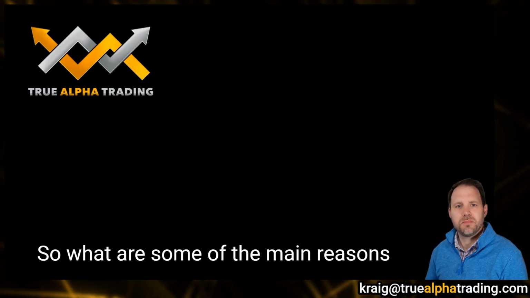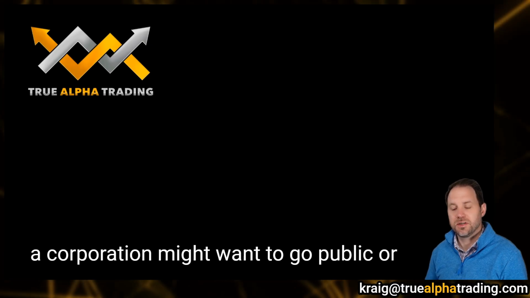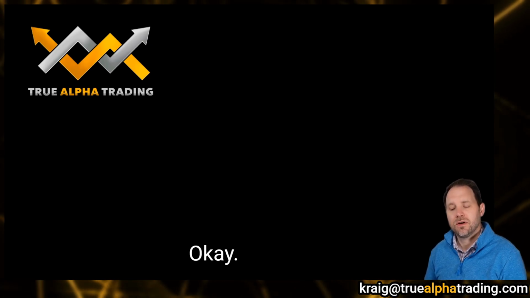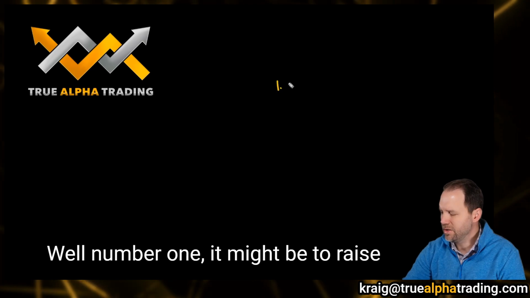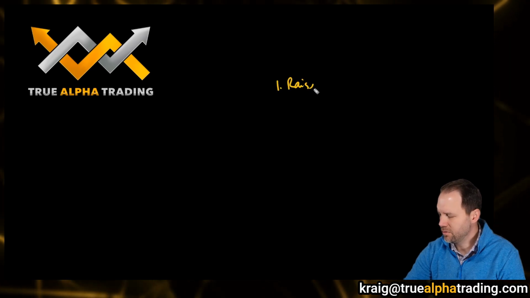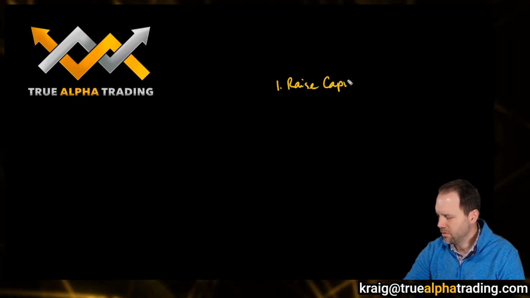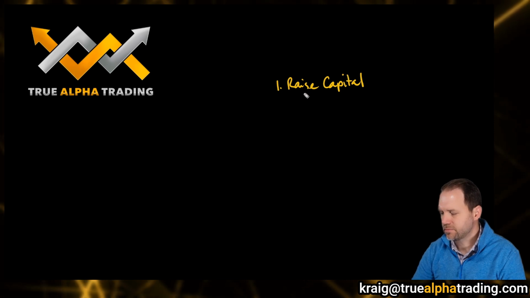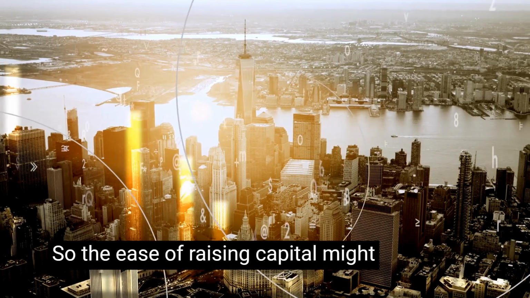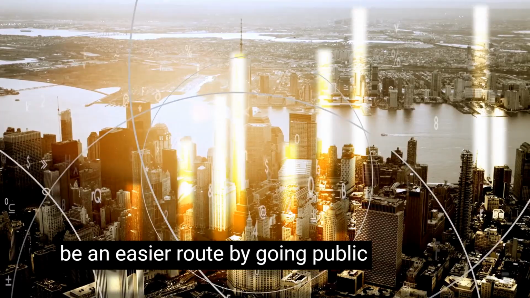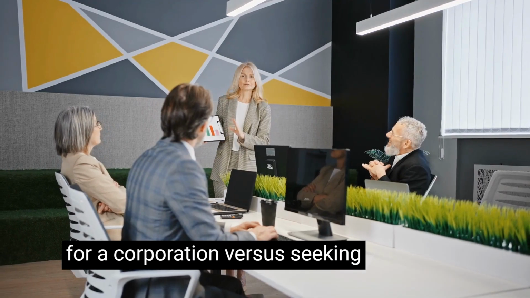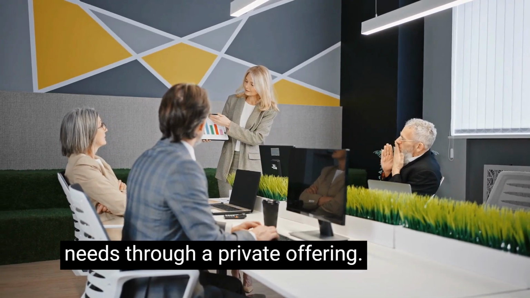So what are some of the main reasons a corporation might want to go public or become a publicly traded corporation? Well, number one, it might be to raise capital. Raising capital might be an easier route by going public for a corporation versus seeking the capital that the company needs through a private offering.